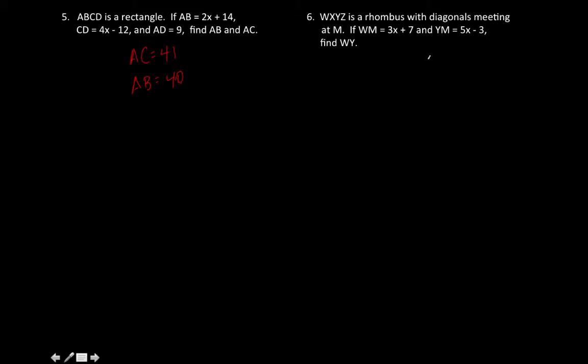Okay, now we have a rhombus. W, X, Y, Z. Their diagonals meet at M. And we're told WM is 3x plus 7. And YM is 5x minus 3.